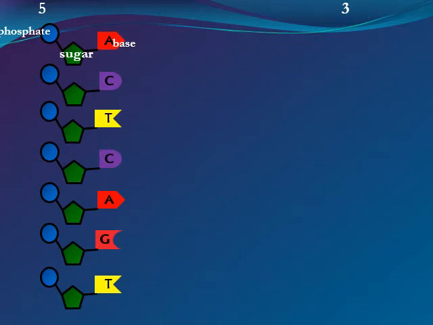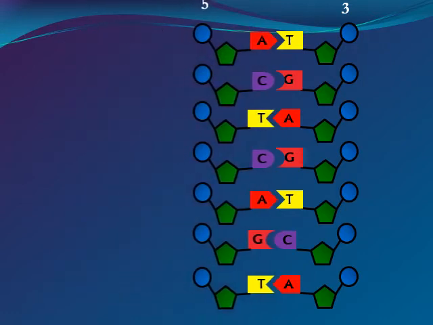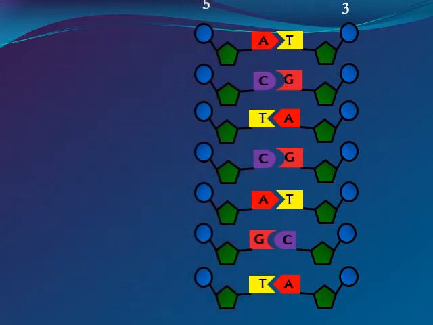Those are arranged into a ladder-like structure, twisted to form a double helix. The bases are on the inside of the molecule, and the two chains are joined together by double H bond between A and T and triple H bond between C and G.